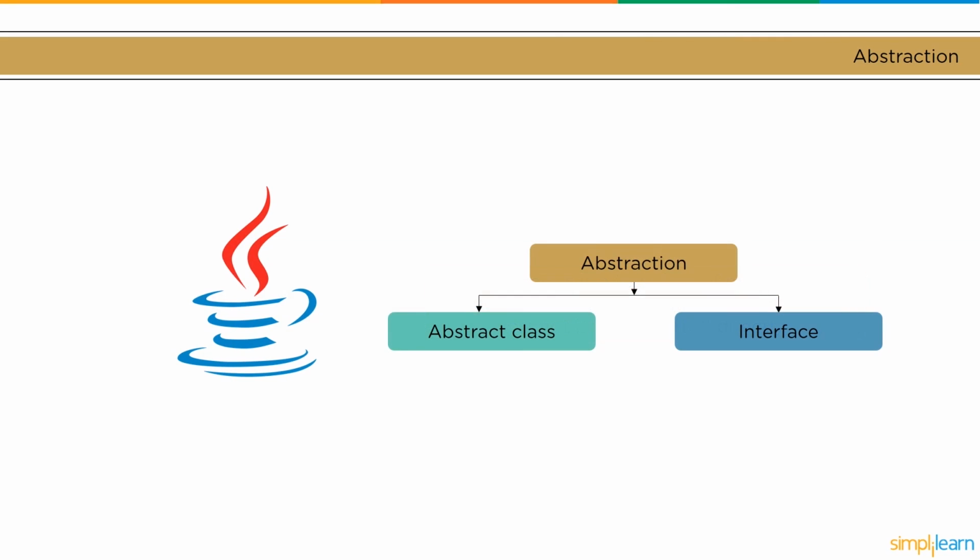The next concept in object-oriented programming in Java will be about the different ways to achieve abstraction. We have already dealt with one method of obtaining abstraction, which is by using abstract classes, and we also have another way of implementing abstraction without using an abstract class.